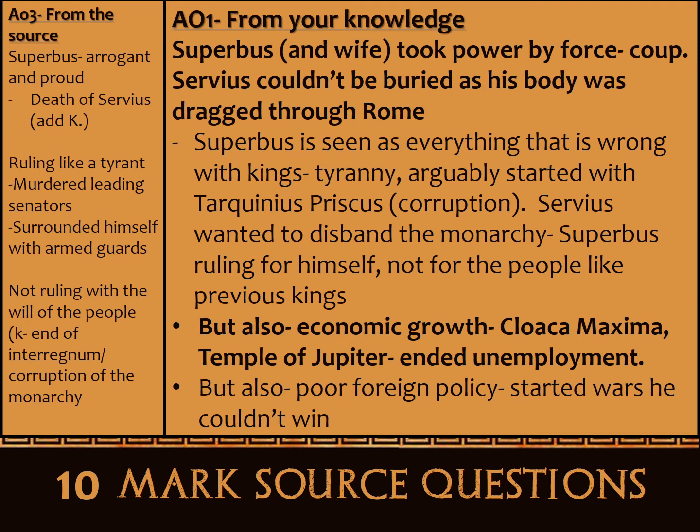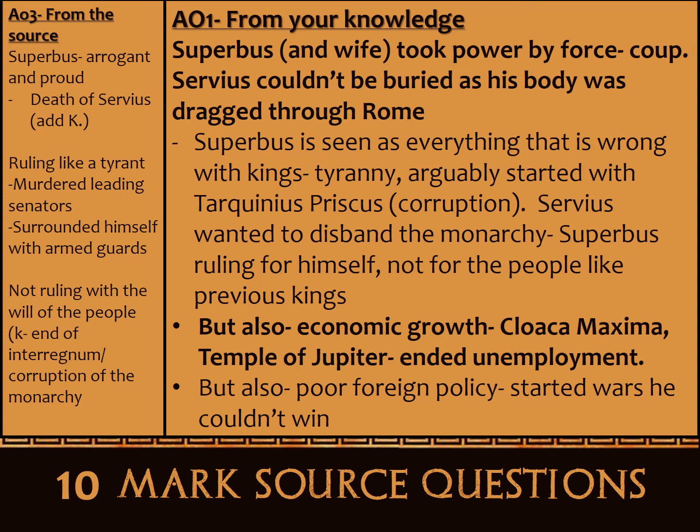The first point on the knowledge side is again developing what's there in the source, this idea that he wouldn't bury the previous king, Servius, and you put in your own knowledge that, well actually, it's not that he didn't want to bury him because Romulus was never buried, it's more likely that there was nothing left of him to bury. Don't forget, Servius is killed by Superbus and his body is dragged around Rome till there's nothing left of it. There you go, there's your own knowledge explaining that point.